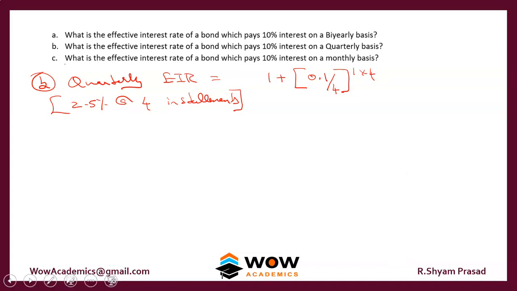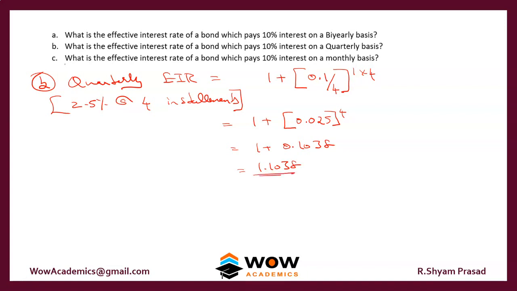If we solve this, we get an answer like this: 1 plus 0.025 to the power of 4. So we get 1 plus 0.1038. So the total answer will be 1.1038.